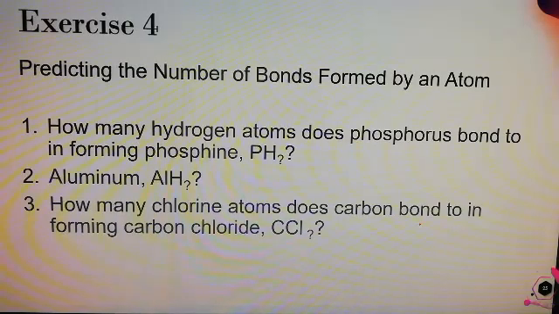Sa aluminum natin, ilan ba yung kailangan niyang hydrogen para ma-meet niya yung octet rule? At ganun din sa carbon chloride. So, ilang chlorine ang mag-bond sa carbon para maging stable at ma-meet yung octet rule natin.